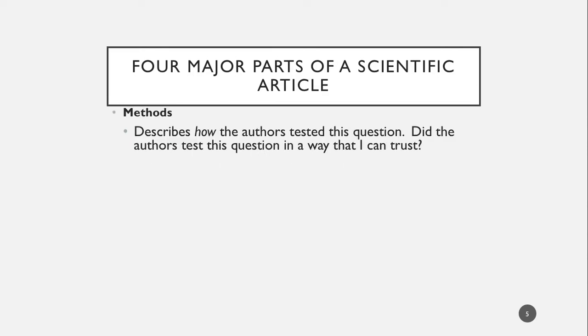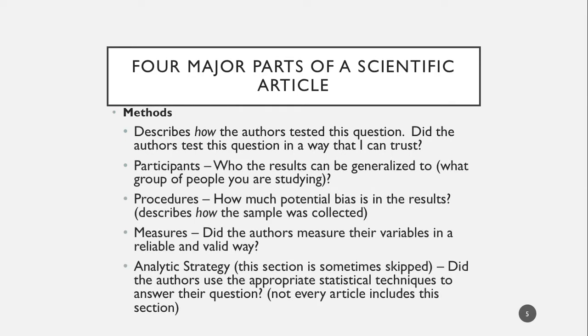The method section. Okay, so this is the section where the researcher describes how they tested the question. It's to help people understand whether they should trust the results that are found in the study. So there are four subsections: participants, procedures, measures, and analytic strategy.